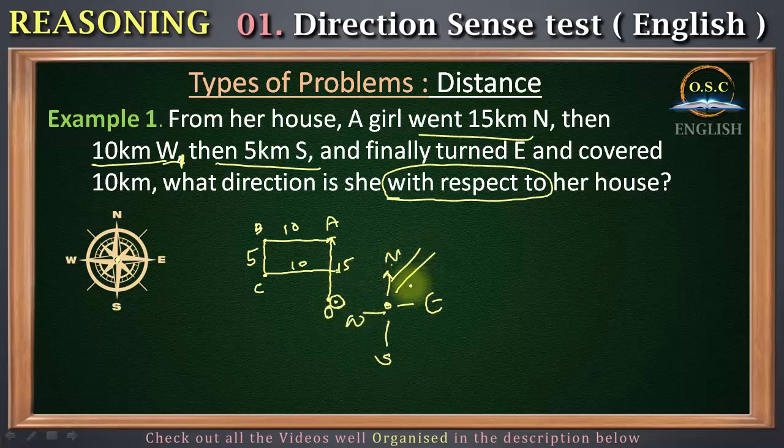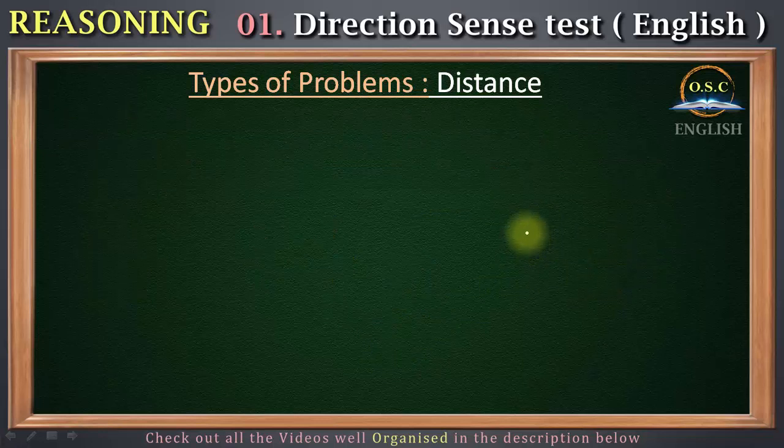She is in north direction with respect to her house. And if they have flipped the question like in which direction is her house with respect to girl, you'll have to consider girl as the middle over here, and her house will be towards the south. All right, so do not get confused with respect to.